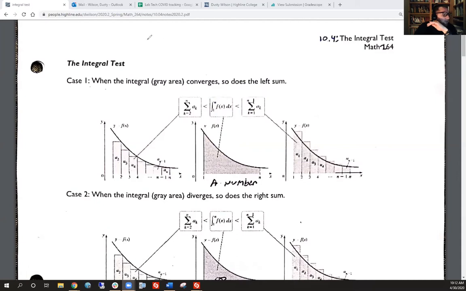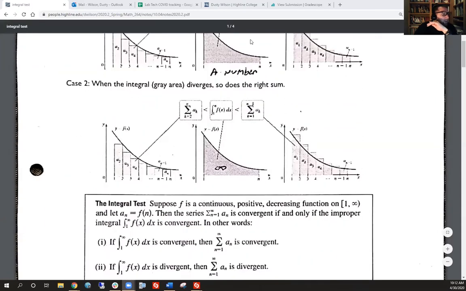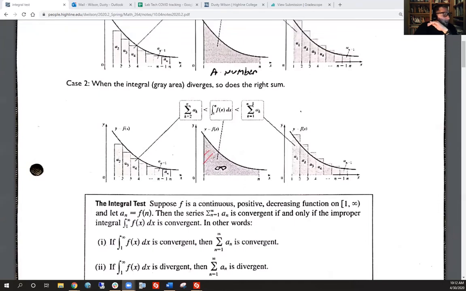If we scroll down and we go the other direction and we say that the area under the curve diverges, so this guy diverges. Diverges in this case means it is infinite.